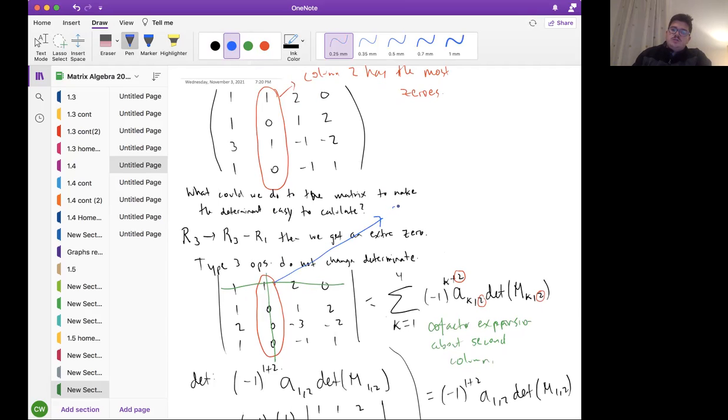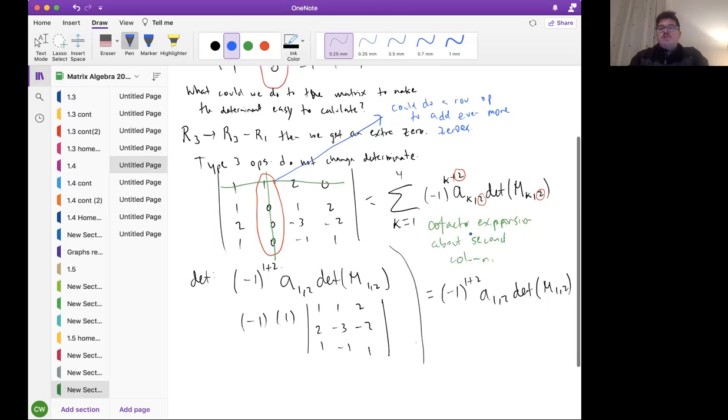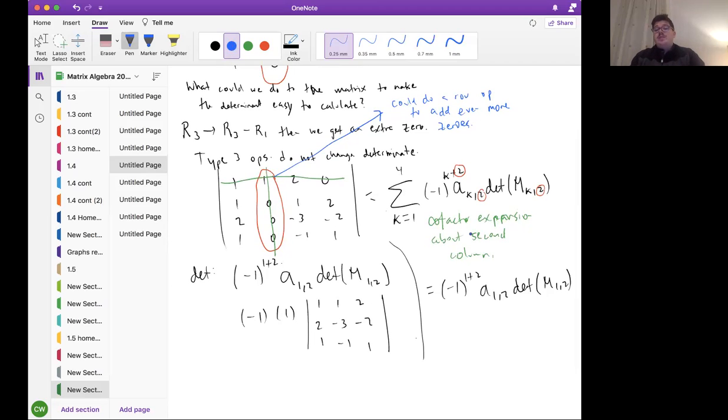We could do a row op to add even more zeros. So now our new second column is a matrix with the same determinant because we used a type 3. It doesn't cause a problem.